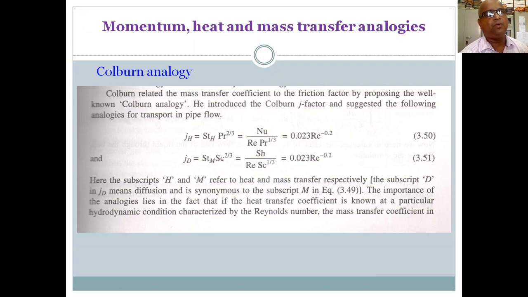But here what we are trying to understand is that there are three transport processes: momentum, heat and mass, and they are very similar in fashion. Their governing equations are very similar, and although we have studied fluid dynamics, heat transfer and mass transfer separately, their processes are the same.